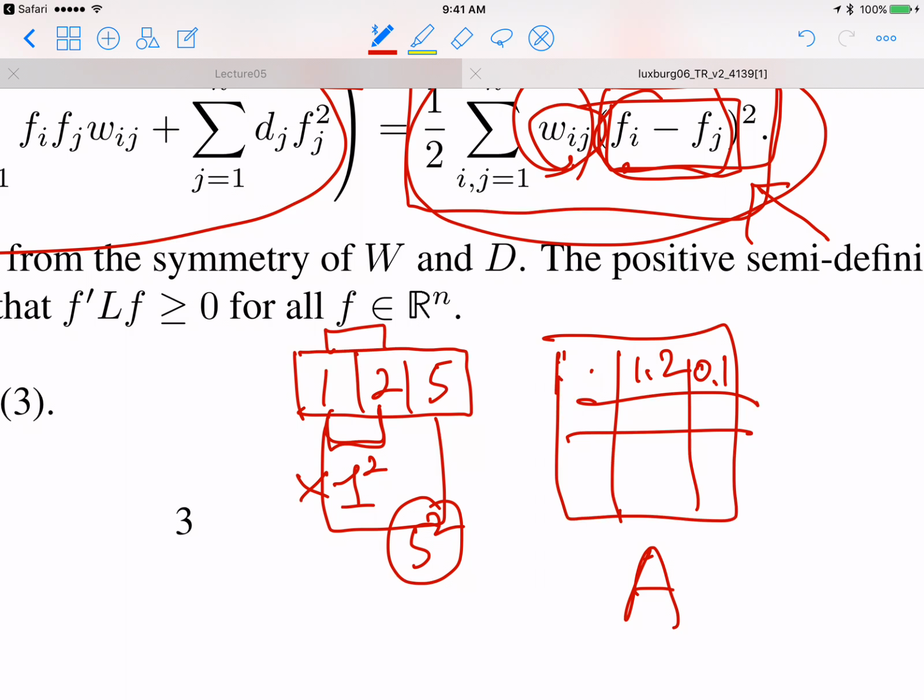What was the edge between node 1 and 2? It was 1.2. And what was the edge between 1 and 3?